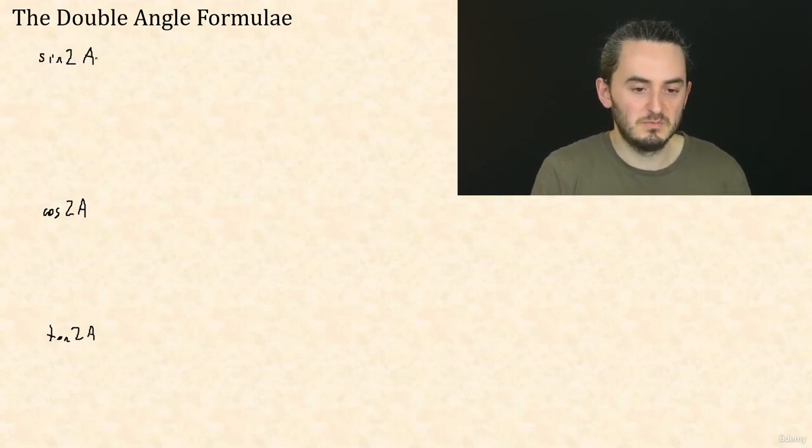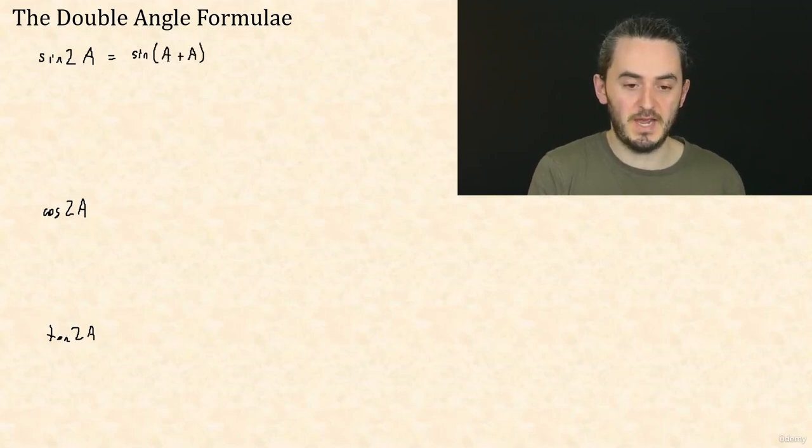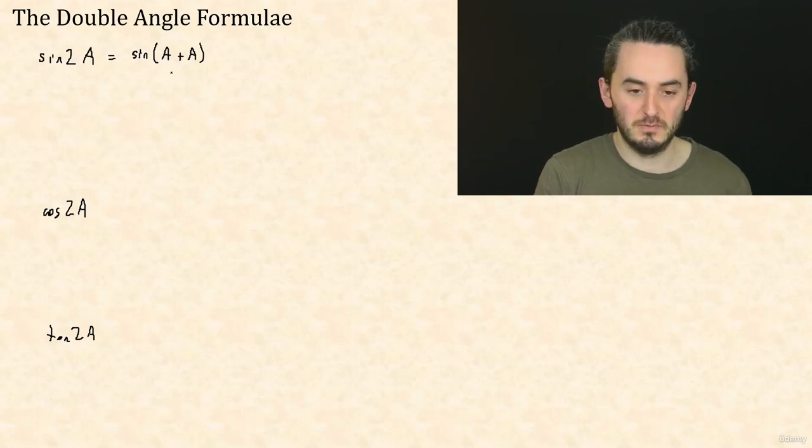So sine of 2a, well, one way to think about this is just sine of a plus a, and then we can just use our sine addition formula, but instead of a plus b, it's just a plus a. So what is that?